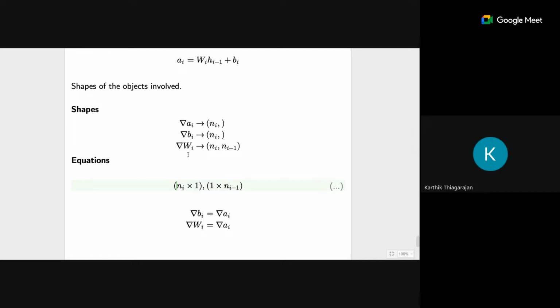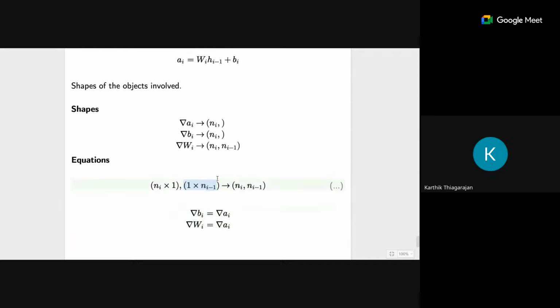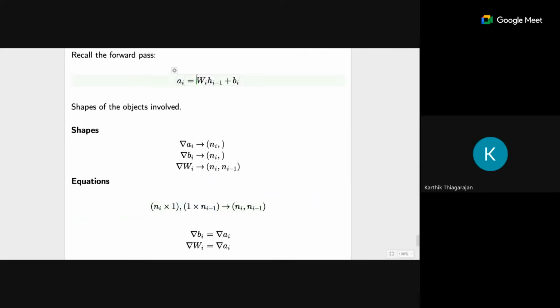Is that correct? If I want the gradient with respect to W, the final shape is N_i comma N_{i-1}. So this is what I already have. And to produce N_i cross N_{i-1}, I have to multiply that with 1 cross N_{i-1}. Where do I get that? Again, the forward pass. So one influence is a_i.